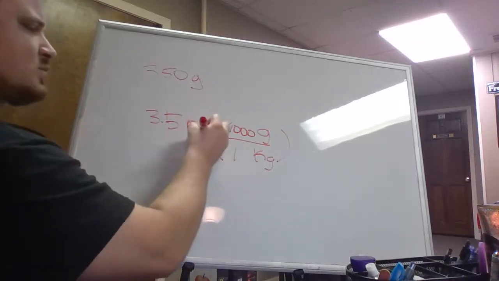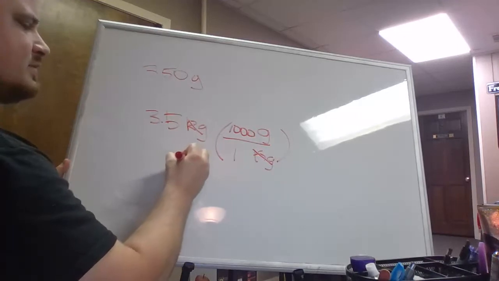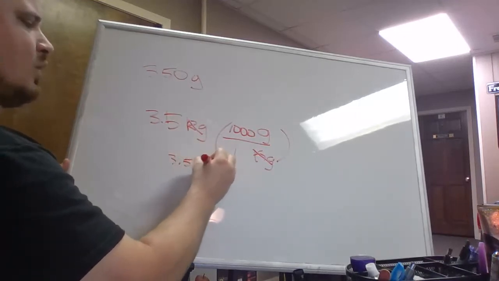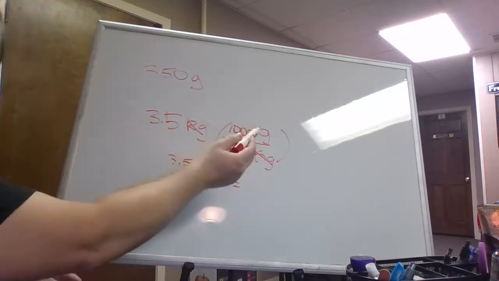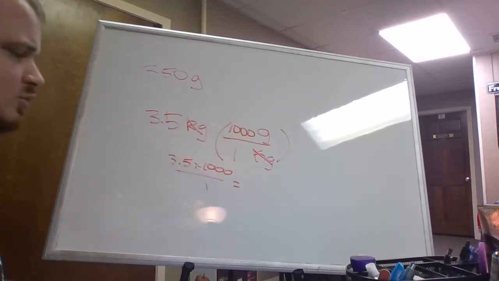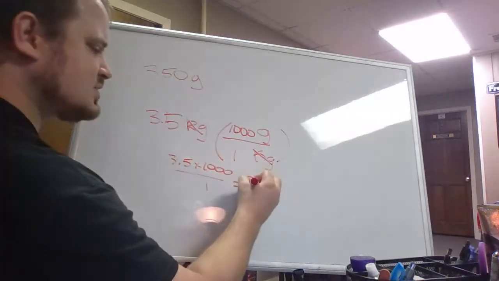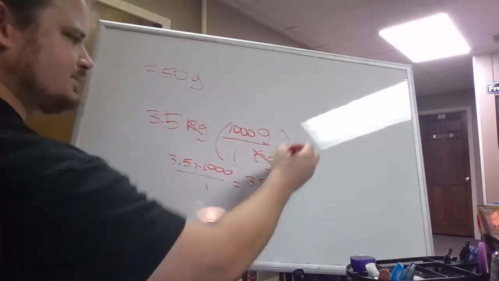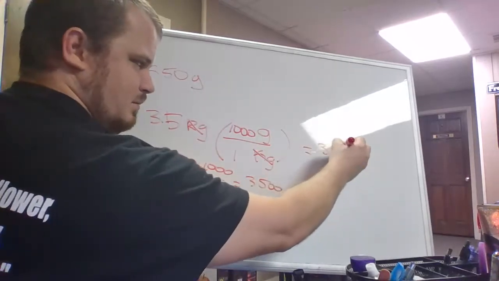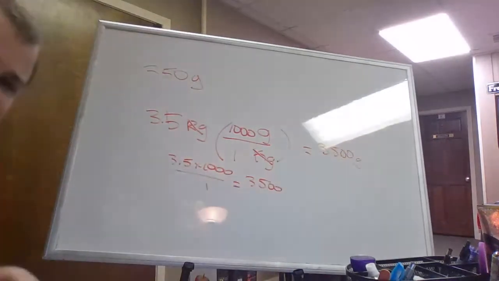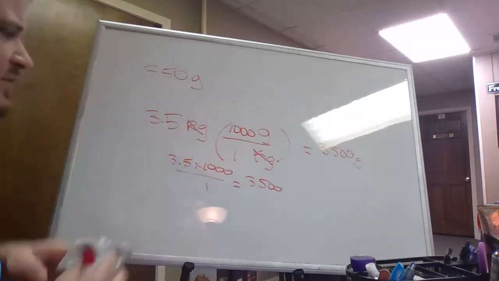So now kilograms will cancel out, and what we'll have is 3.5 times 1,000 divided by 1. Right? So just multiply the top, divide by what's on bottom. So 3.5 times 1,000 is going to give us 3,500. So the answer is 3,500 grams. So somebody offers you that, take the 3.5 kilograms.